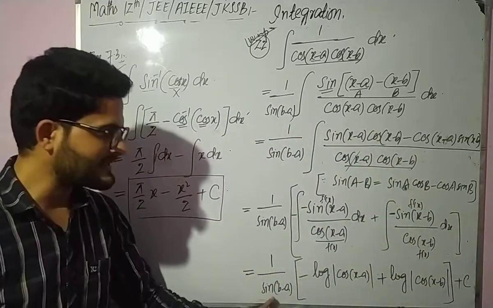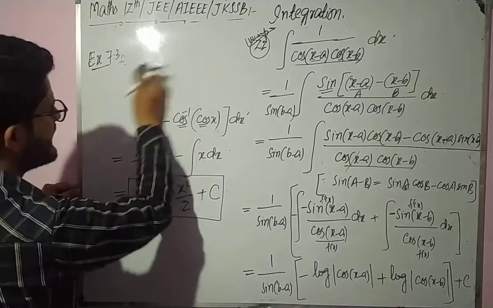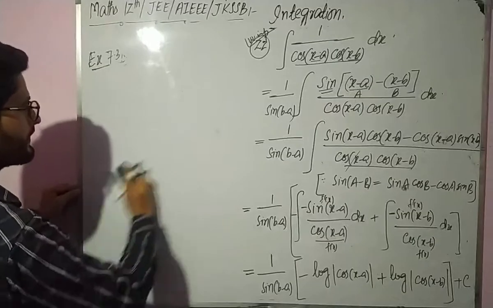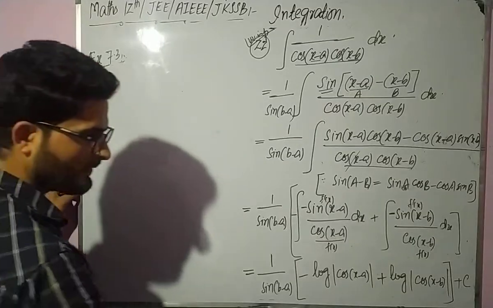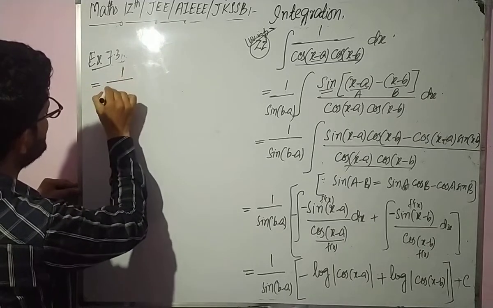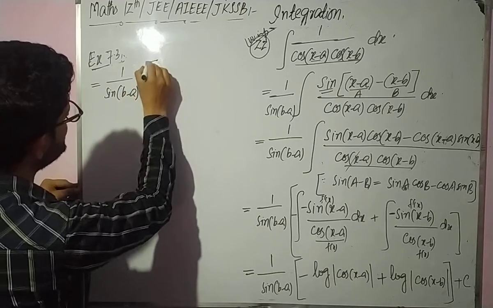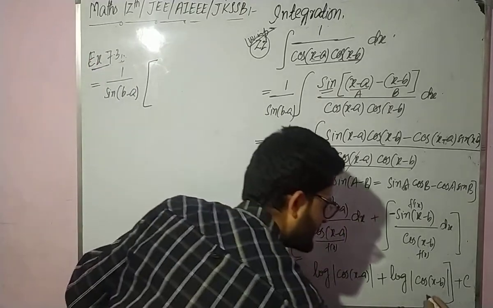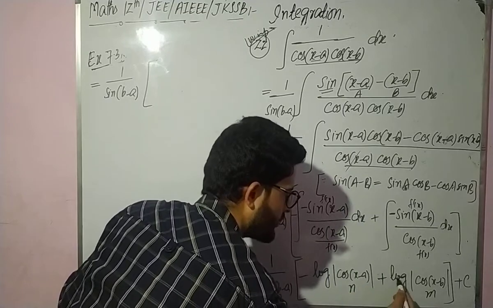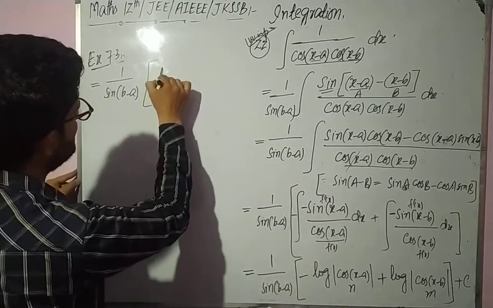Multiply by 1 divided by sin of b minus a. This can be further written as 1 divided by sin of b minus a into, now treat this as m, this cos mod of this, and this as n. So log m minus log n, that is log of m divided by n.